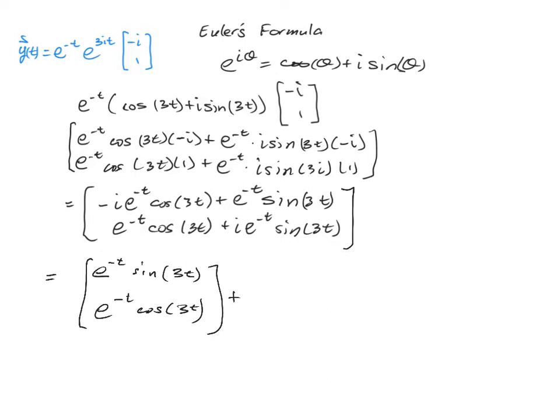And for the imaginary part, we'll factor out the i, and we will have a negative e to the negative t cosine 3t, and an e to the negative t sine of 3t.